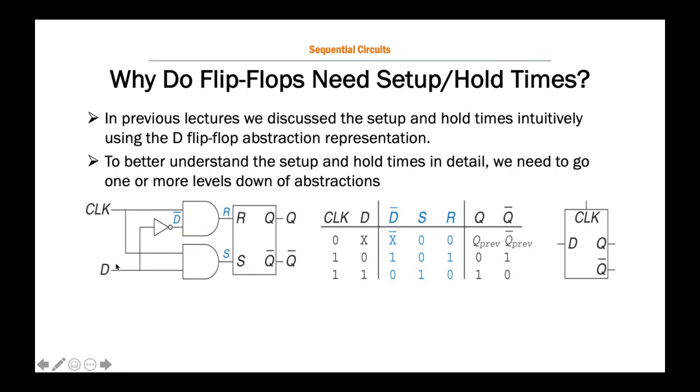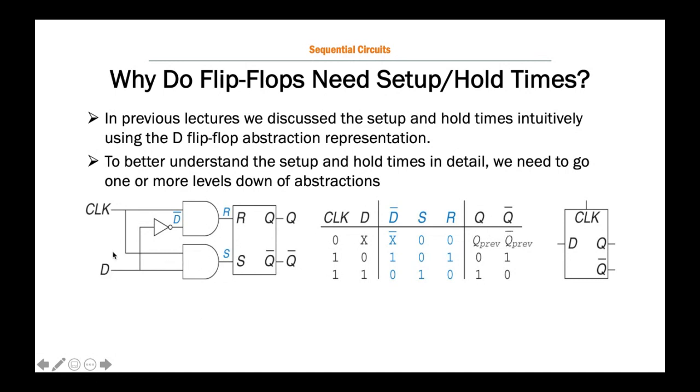So we added D, and we also added the clock to act as a gate. Whenever the clock is 0, it doesn't matter what the D value is. The circuit is going to be in a memory state, or latching state. Whatever last value is in there will continue to be in there, so Q will continue to be Q previous.